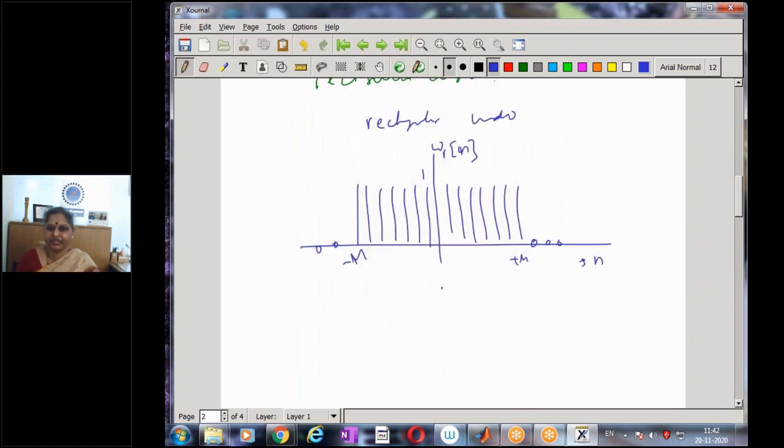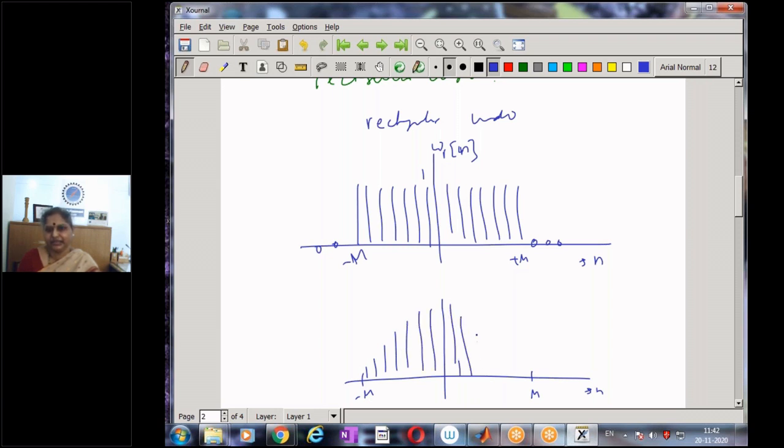Instead of a rectangular window function, if I use some other window function that again truncates from minus m to plus m, but has a gradual transition from 0 to 1, and of course has symmetry, this is what we shall replace the rectangular window function by.